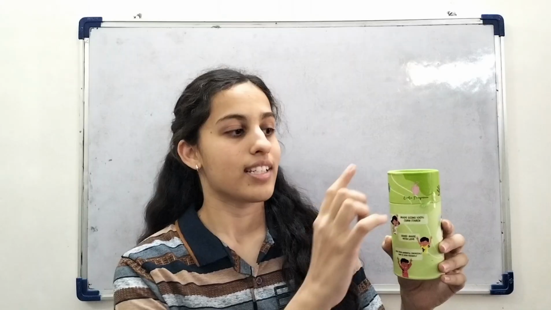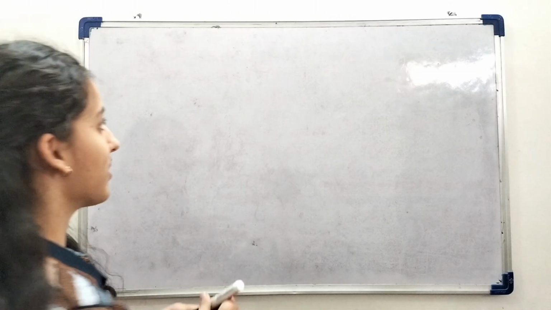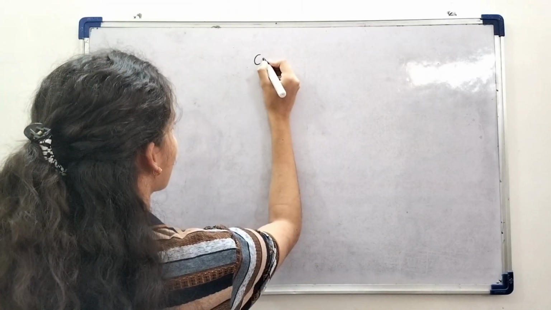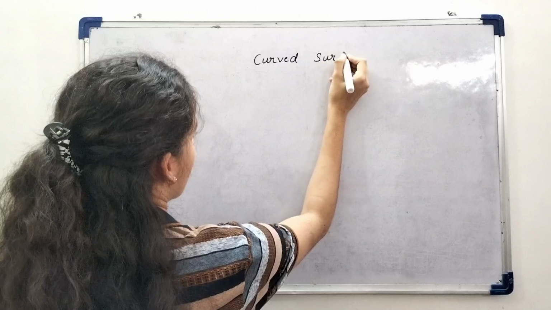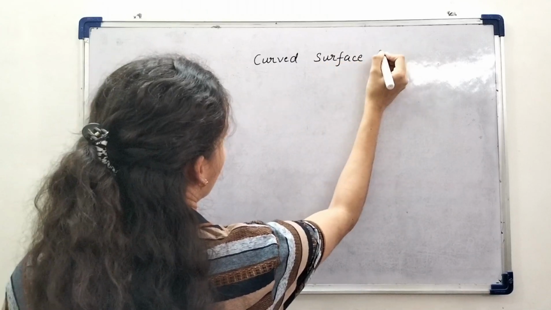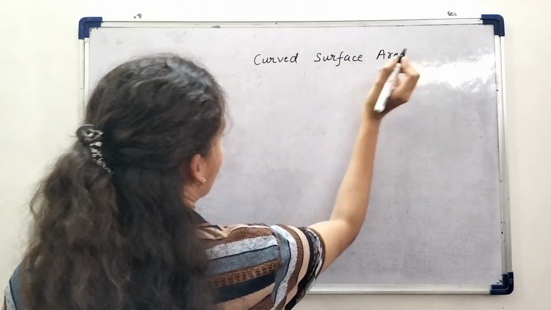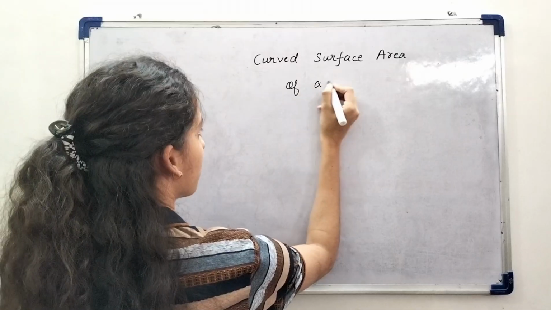Firstly, the shape of this box is a cylinder, and we know a cylinder has two circular bases and one curved surface. So today we will study the curved surface area of a cylinder.